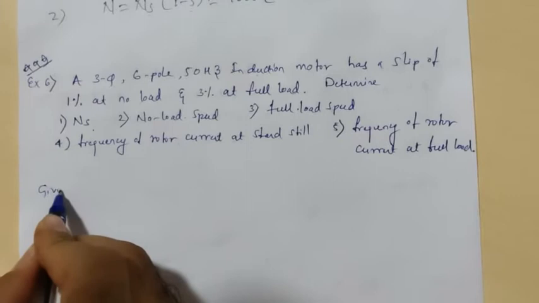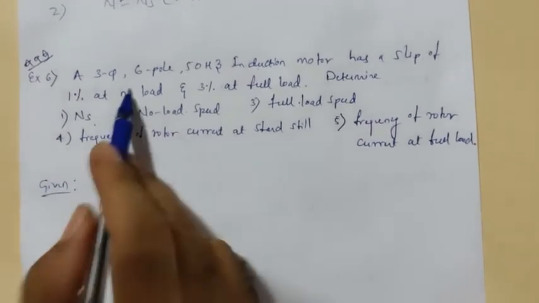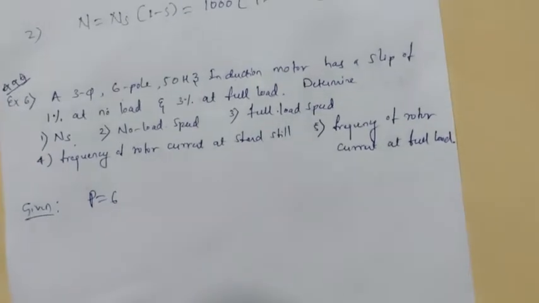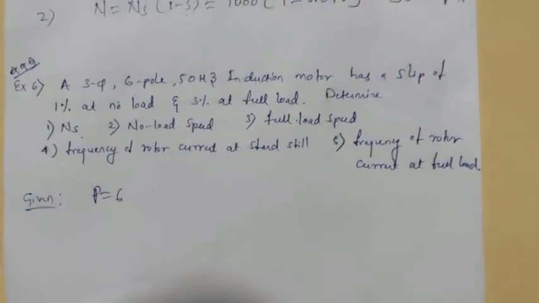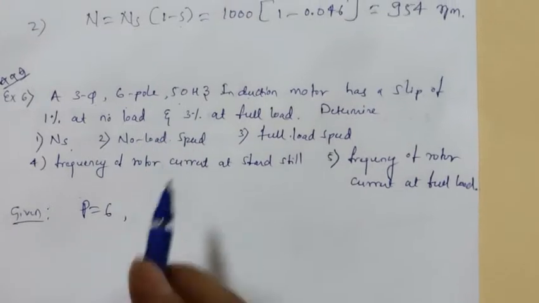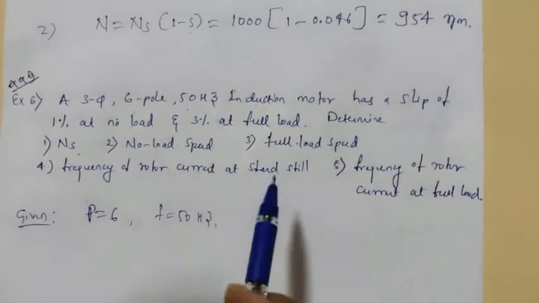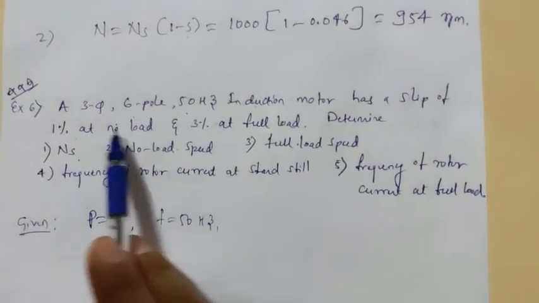So the given data is P is equal to 6, the number of poles is 6, the frequency is given as 50 Hz, F is equal to 50 Hz, and the slip is 1% at no load.